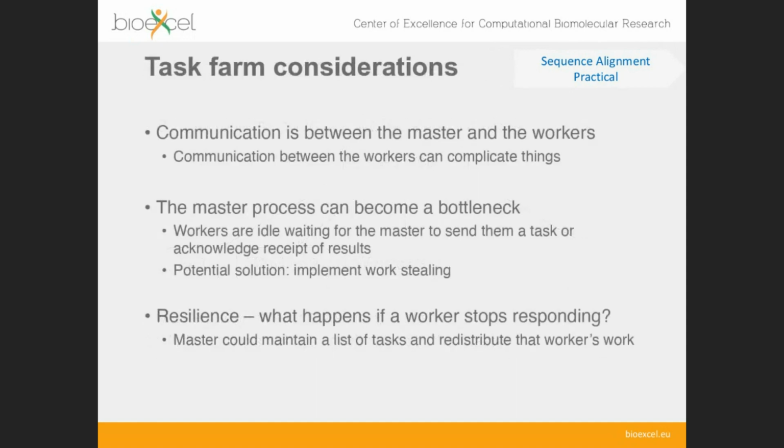The consideration here is that there might be some communication, but clearly much less than in the spatial domain decomposition, because there are much more independent tasks. However, there might be some, and if there are too many worker processes compared to these master assigning processes, there's a limit to the scale, because the master process can become a bottleneck.